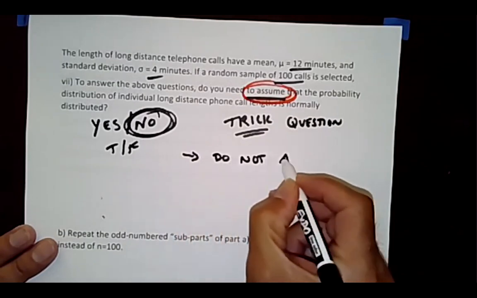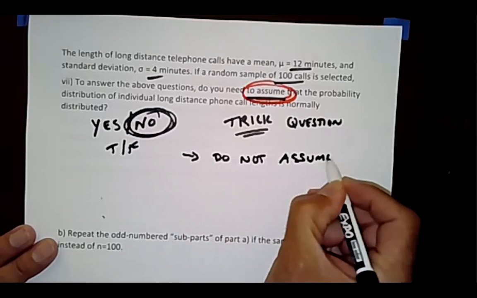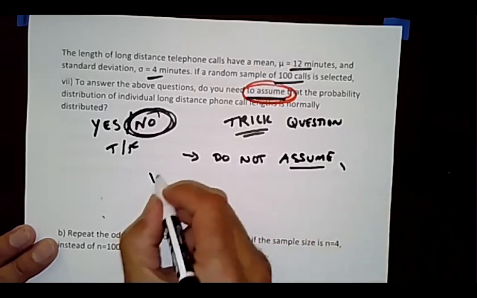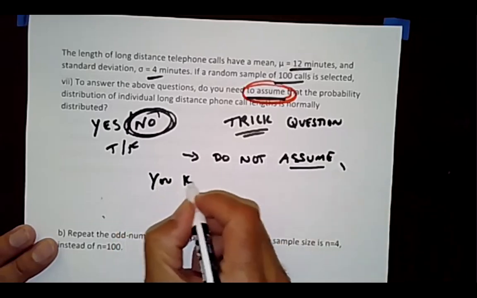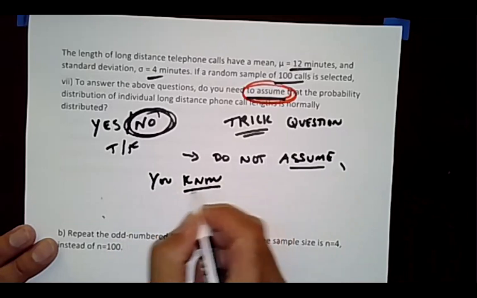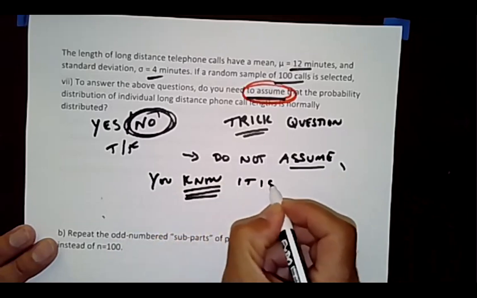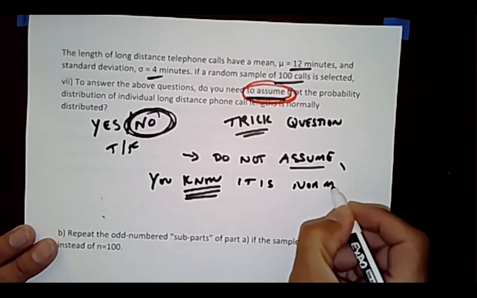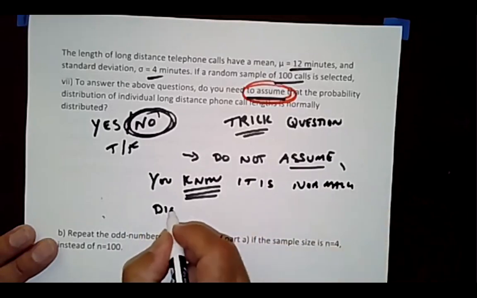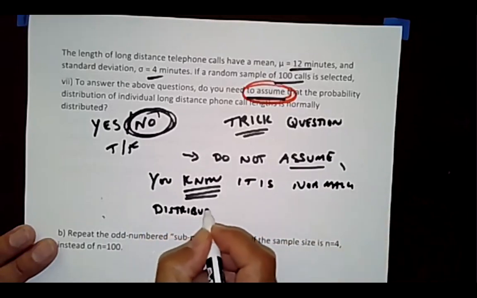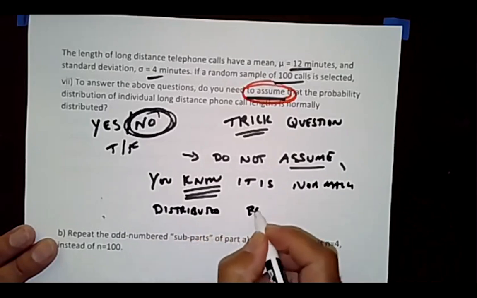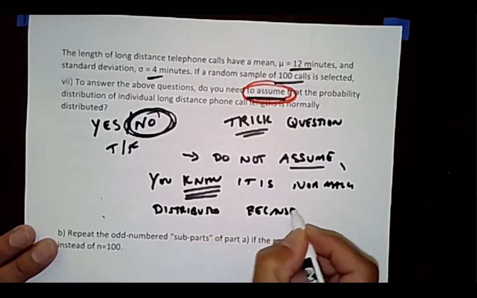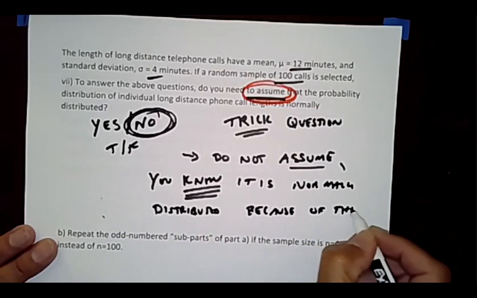Do not assume it is normally distributed, because you know it is, because of the CLT.